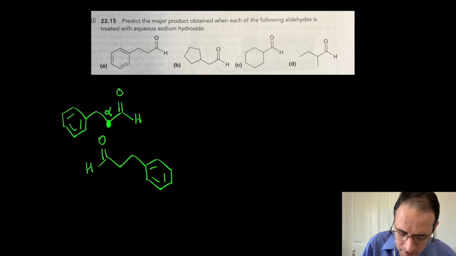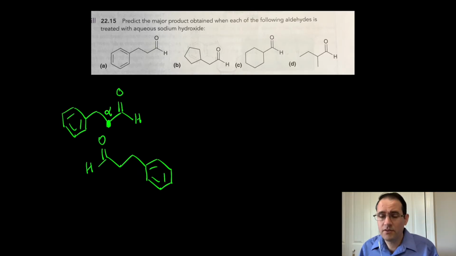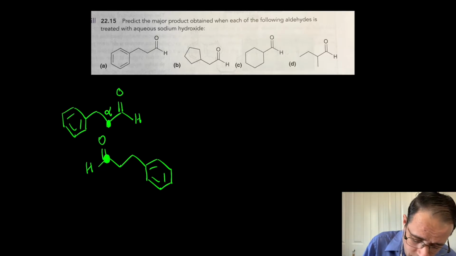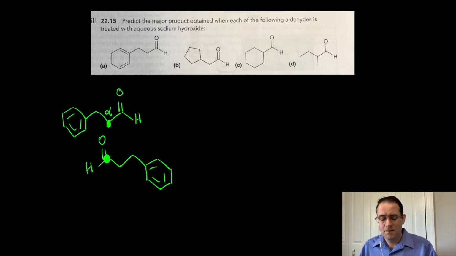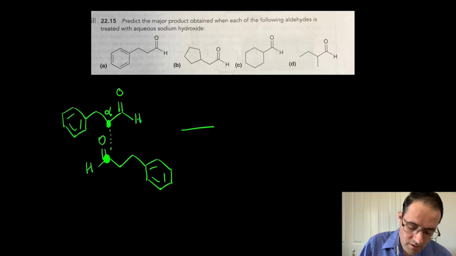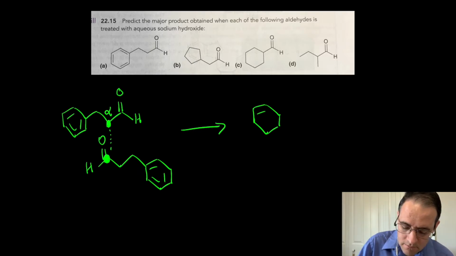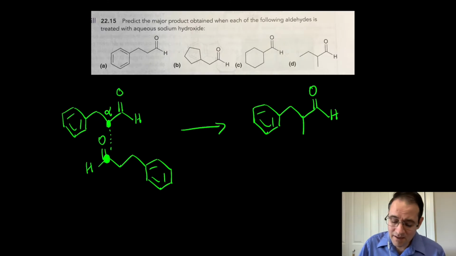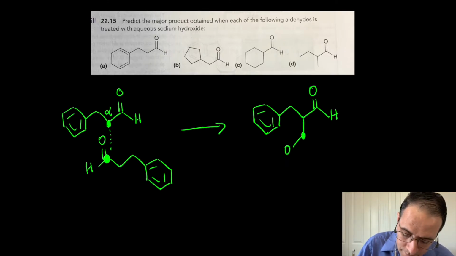Count your carbons, make sure you have the correct number of carbons, and that's going to form a bond to the other aldehyde carbonyl carbon, okay? So that's going to form this aldehyde and this alcohol.